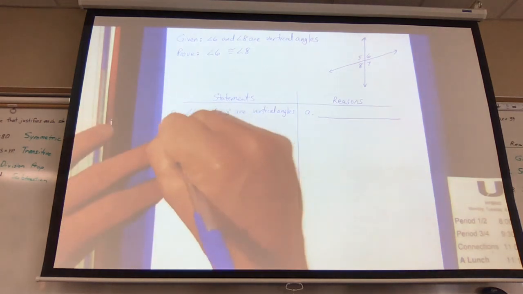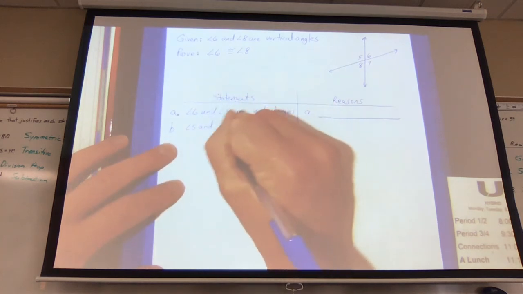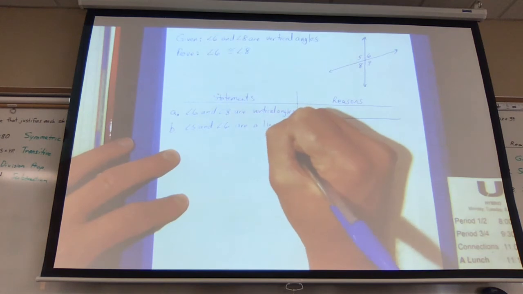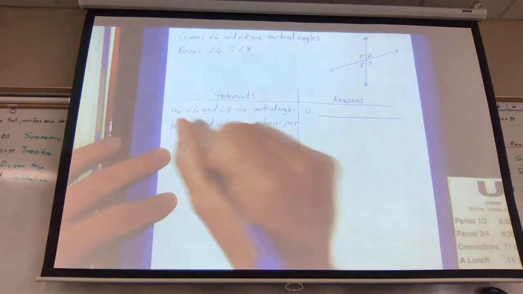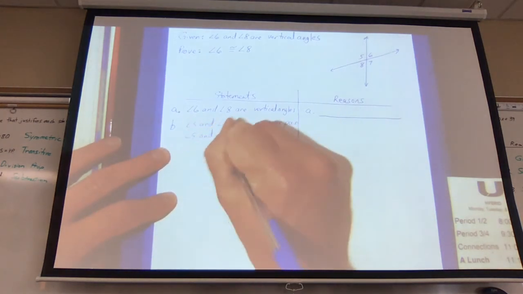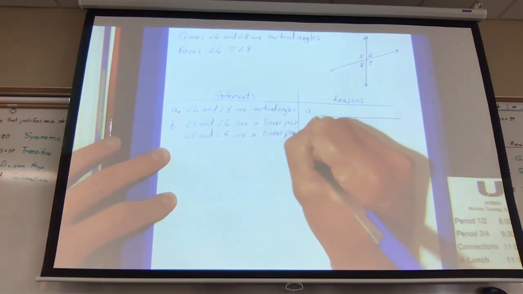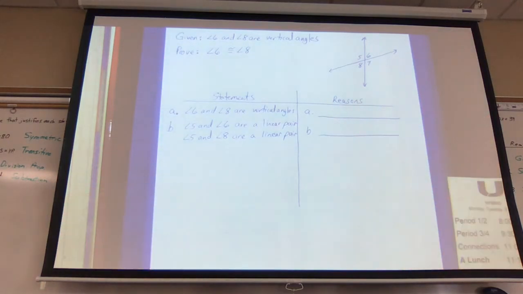And then step B is going to have 2 parts to it. Step B, angles 5 and 6 are a linear pair, and 5 and 8 are a linear pair.